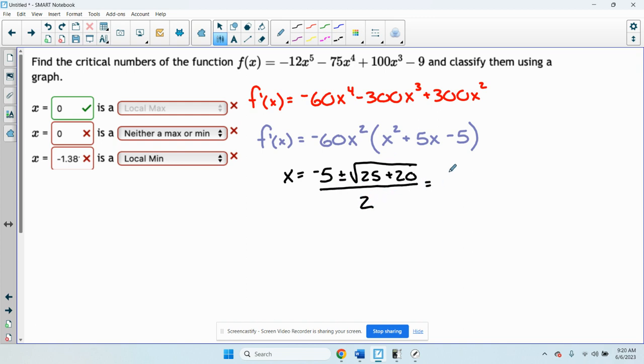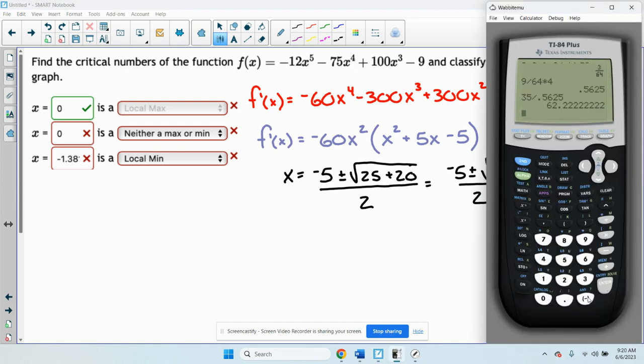So this is going to give me negative 5 plus or minus the square root of 45 over 2. So we have negative 5 plus the square root of 45 divided by 2.